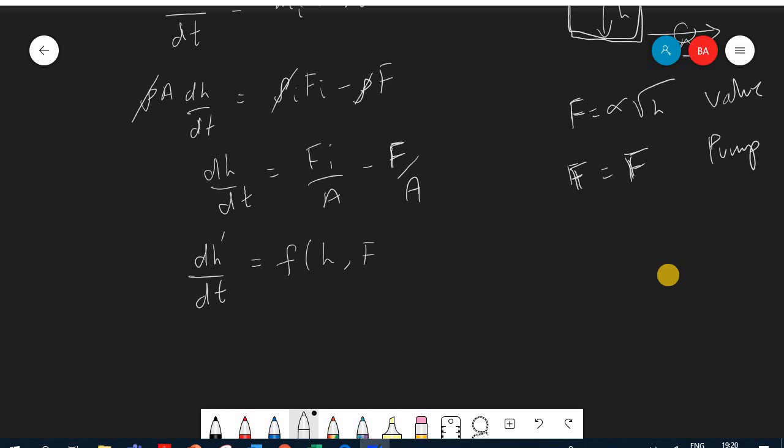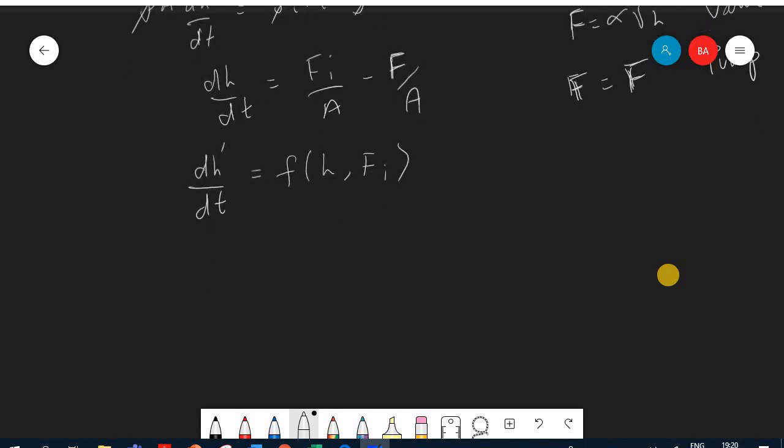In this case, what do I have as input? I have my F_in as an input. Actually, I also could include F if I want to include it as a changing input. So we'll just keep it like that. And this is my function.